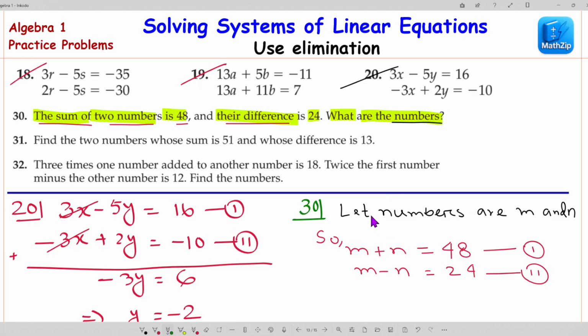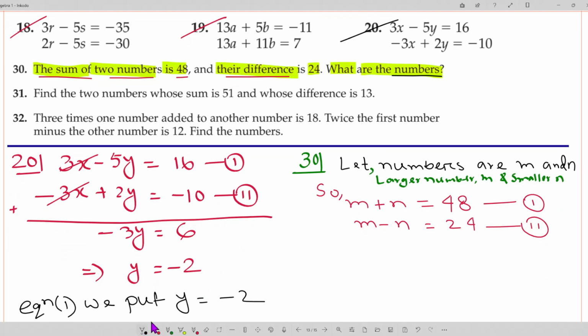You can write: let the larger number be m and the smaller n. Okay, so now we have to find the value of m and n.